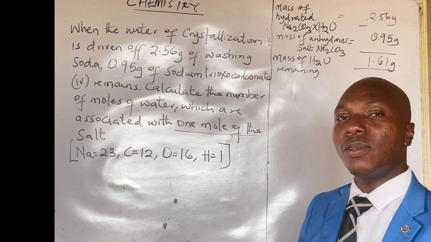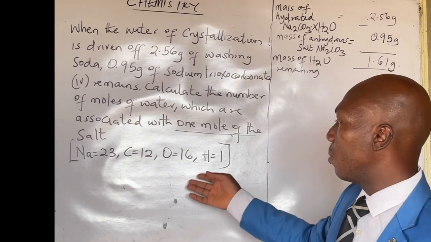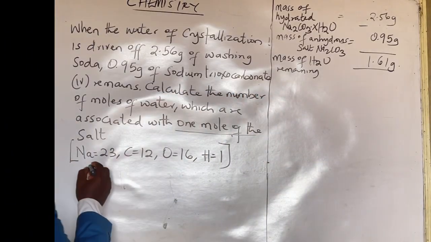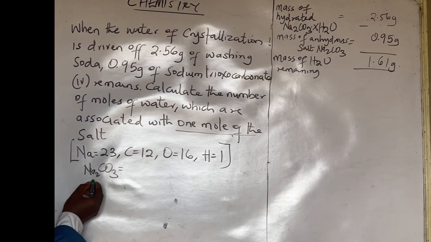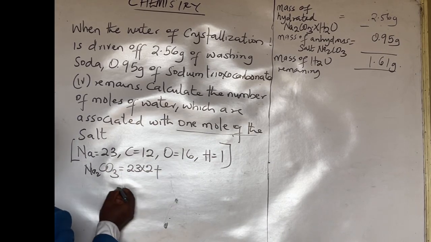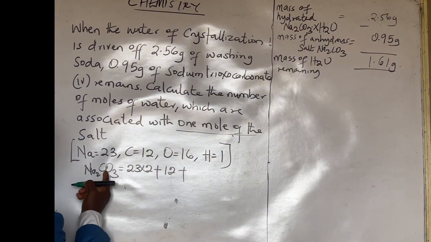The remaining part of the question is to get the relative molecular mass of sodium carbonate and the relative molecular mass of water. So let's solve this here. We have sodium carbonate, Na2CO3. Sodium is 23, that's 23 times 2, plus carbon, that's 12, plus oxygen, 3 times 16.